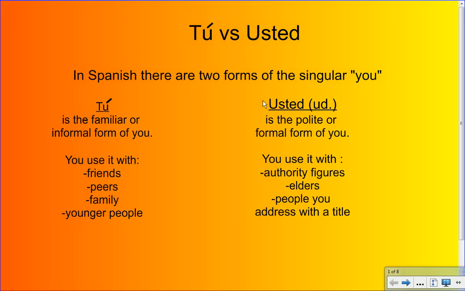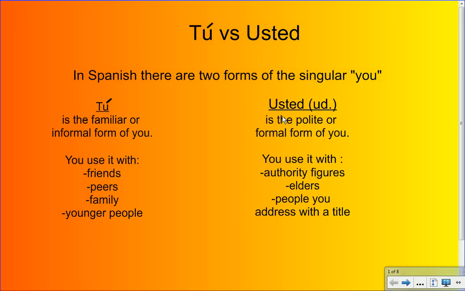Usted is the polite form or the formal form of you. You generally use usted with people that you need to address by a title and their last name. So people you would use usted with are authority figures, people who are older than you, and then again, people that you address with a title like Mr., Mrs., Doctor, Officer, Principal, so on and so forth.